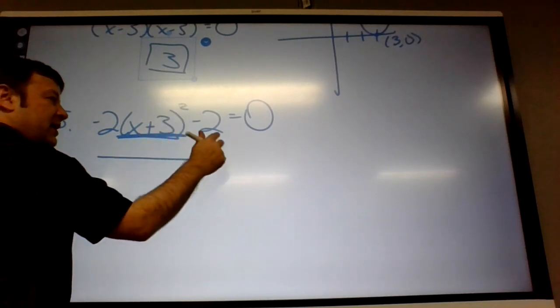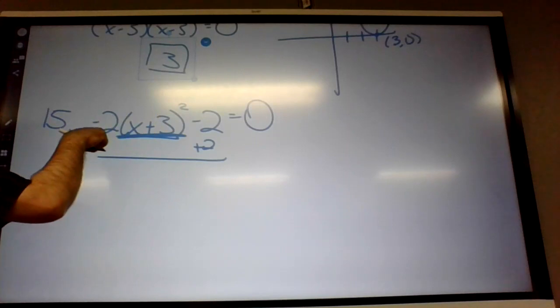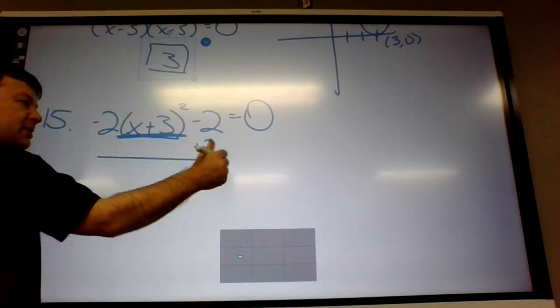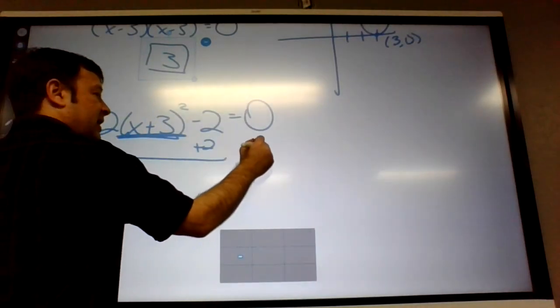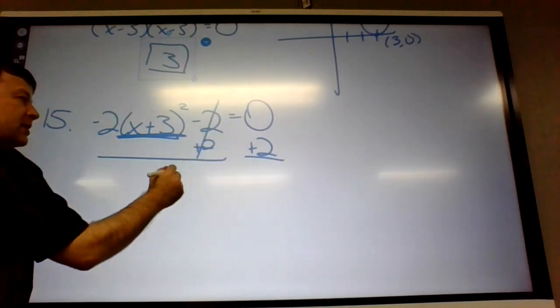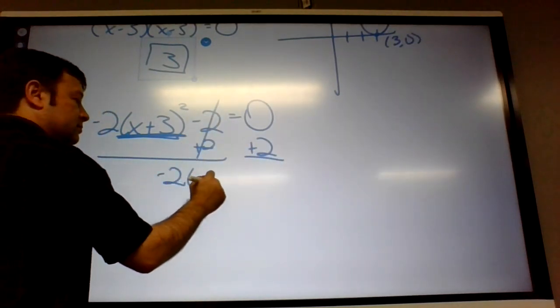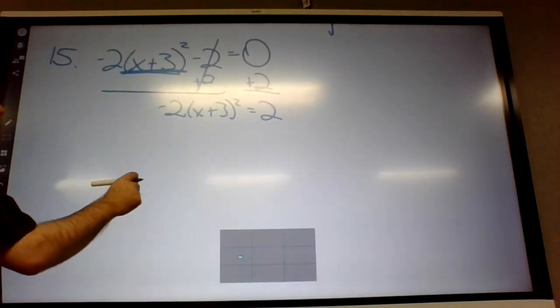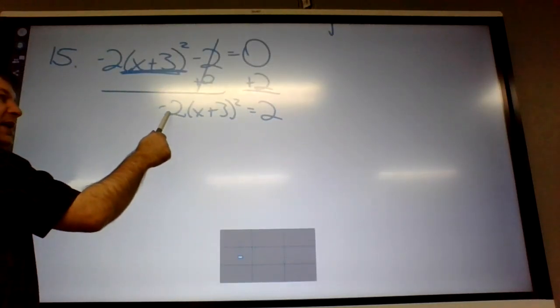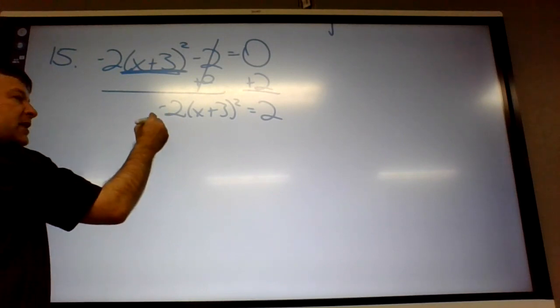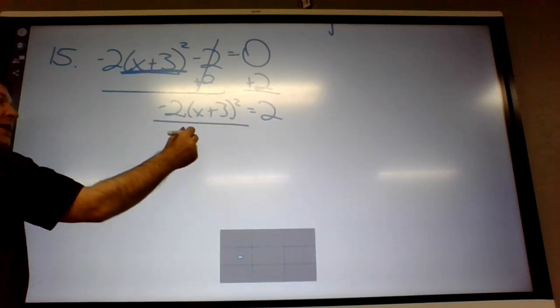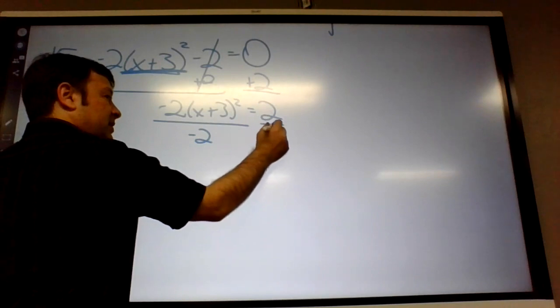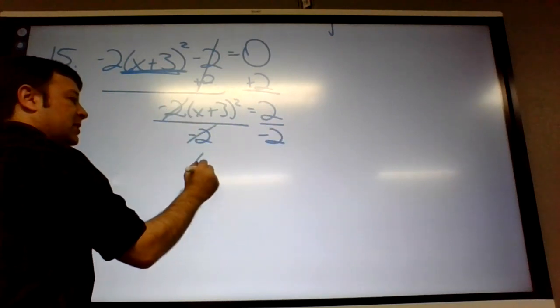So how can I do that? Get rid of the minus 2 first, and then the times -2 next, right? So add 2. That goes away. And then how do I get rid of this -2? Divide. The -2 is multiplied to the parentheses, so we can get rid of it by dividing. It goes away.